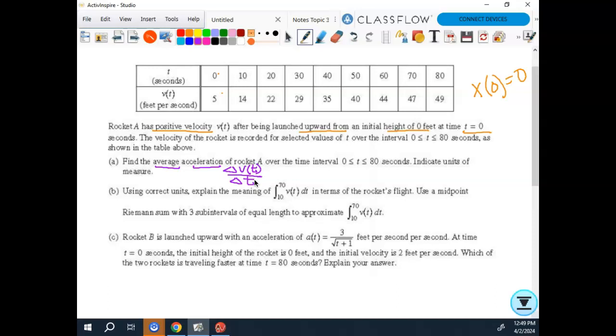I don't have an acceleration function to integrate. If I did, I could integrate the acceleration function and multiply it by 1 over 80, but that's not what I have. Here, I am actually doing the slope stuff, because of the information that I have. Does that make sense to you? Okay, and we're going from 0 to 80.